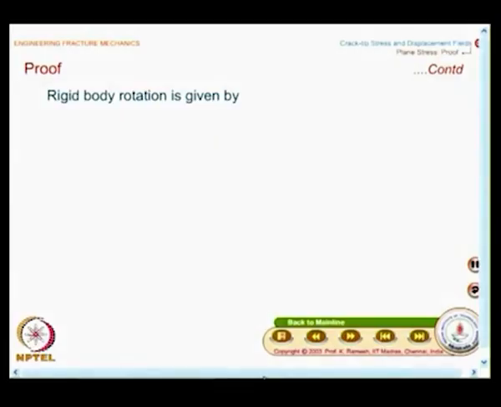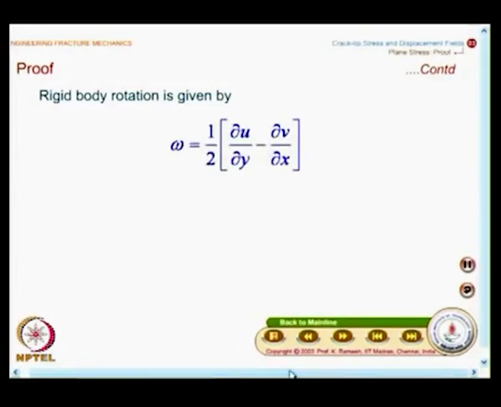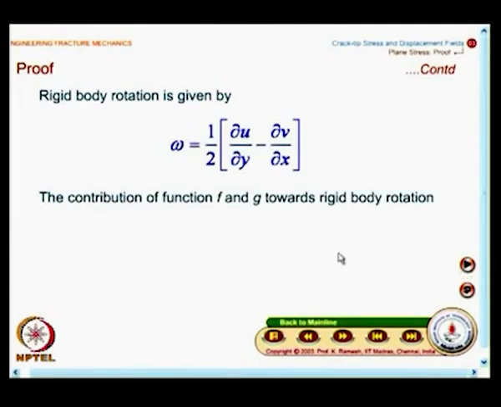In your normal theory of elasticity, though you have solved problems based on stress formulation, only for very few cases probably would you have gone ahead and evaluated the strain as well as the displacement. If you had done that exercise, here also the exercise is similar. And now we look at what is rotation. The rotation is given the symbol omega, that is nothing but 1/2 of dou u by dou y minus dou v by dou x.